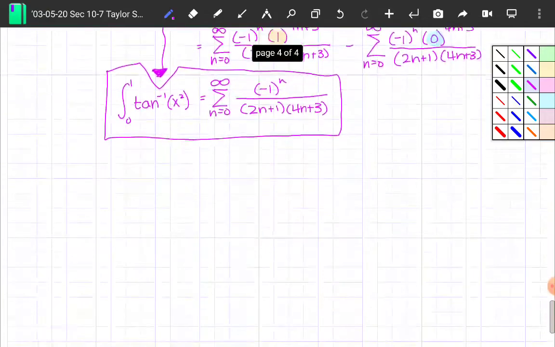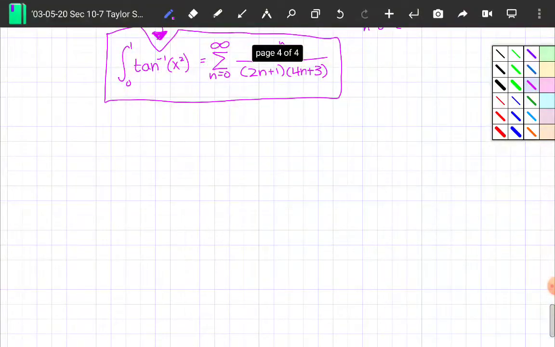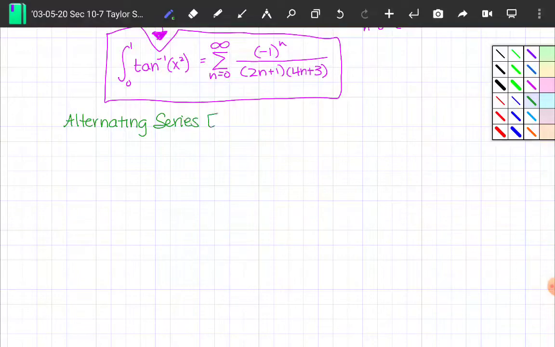If you take a look at what we got here, it's an alternating series, and so we have our alternating series error bound. Remember that the alternating series error bound says that this would be true.